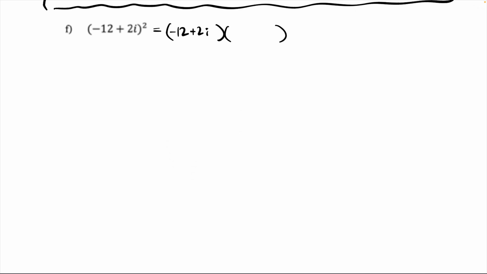Negative. There you go. And how do I multiply those two guys? Using a box. Use a box. Finish out. Tell me what you get. I believe it's 48i.